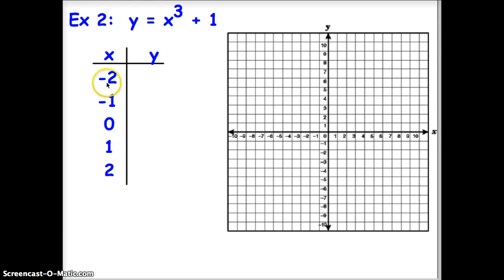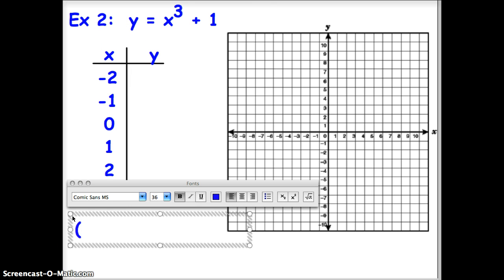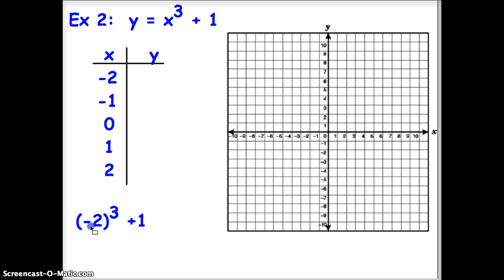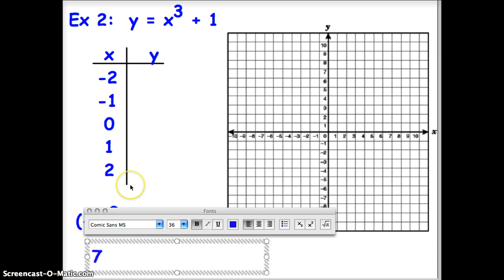So for putting in negative 2, we've got negative 2 to the third power plus 1. So negative 2 cubed, that's negative 2 times negative 2, which is positive 4. Positive 4 times negative 2 is going to be negative 8. Negative 8 plus 1 is going to be negative 7.